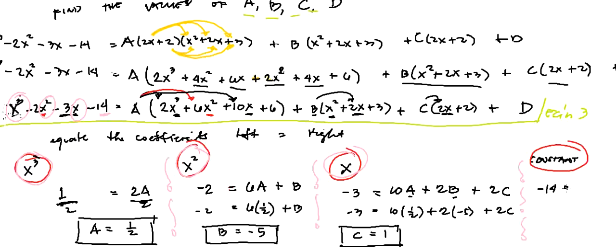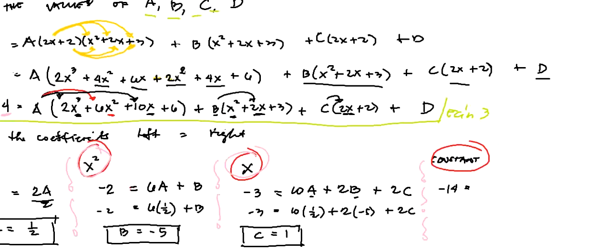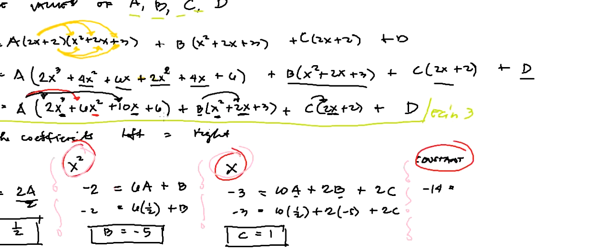So for the right side of our equation, what are the constants here? We have 6a. And then for this part, we have 3, so we have 3b. Then we have 2c. Then d.